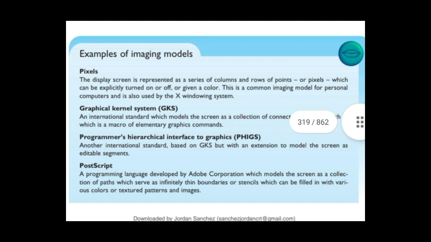The display screen is represented as a series of columns and rows of points or pixels, which can be explicitly turned on or off or given a color. This is a common imaging model for personal computers, and it is also used by the X Windows system.